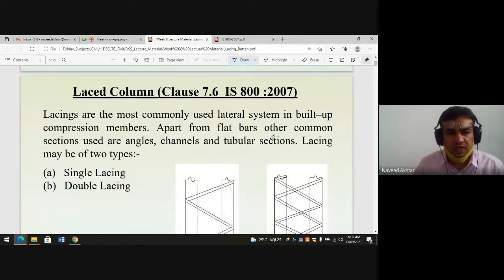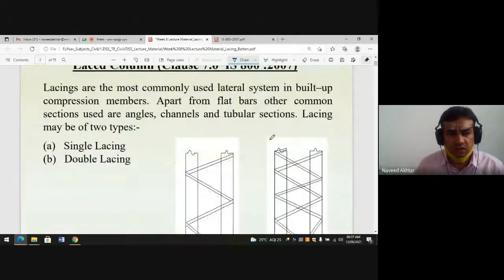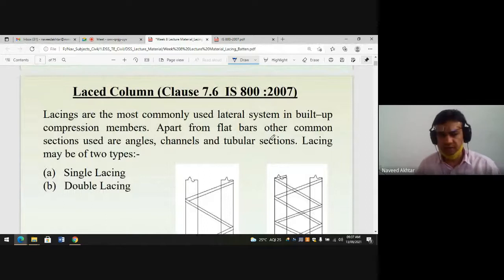Okay. So the next column is the built-up column. If there is a heavy load which cannot be taken by a single rolled steel section, then we join different rolled steel sections, which was already covered, to increase the load carrying capacity of the compression member.